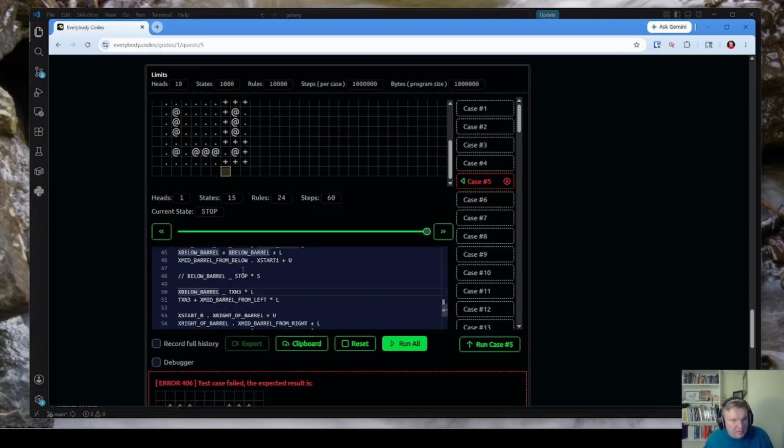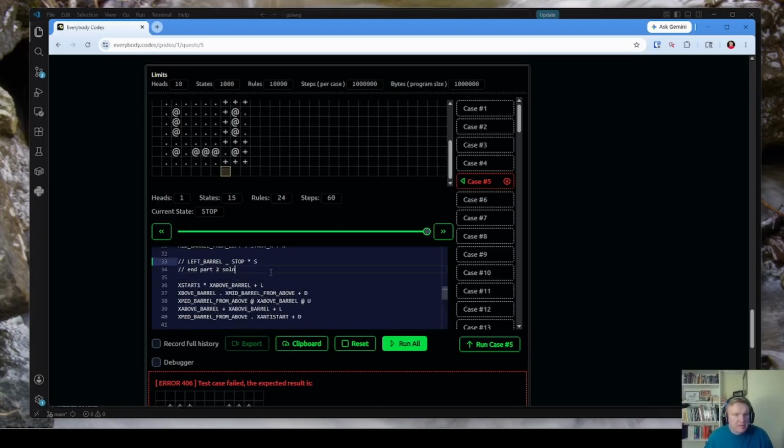Okay. Now, so I need to here left barrel underscore two up, X and 2 plus X mid barrel from below up.